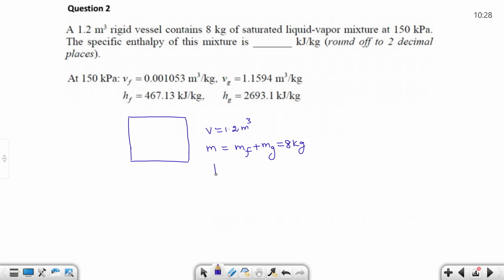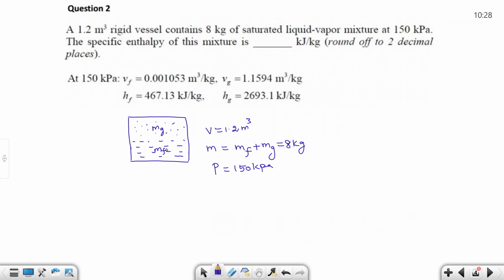That means you have liquid and gas together, 8 kg.